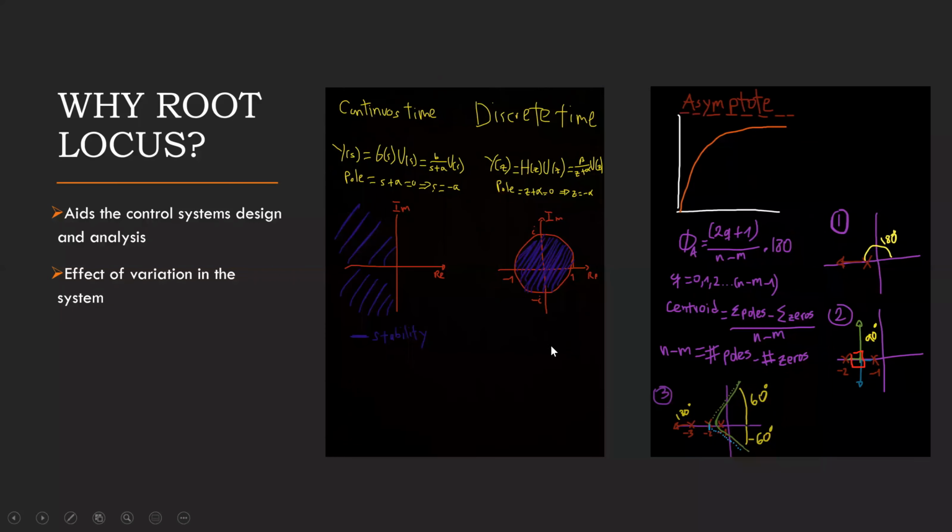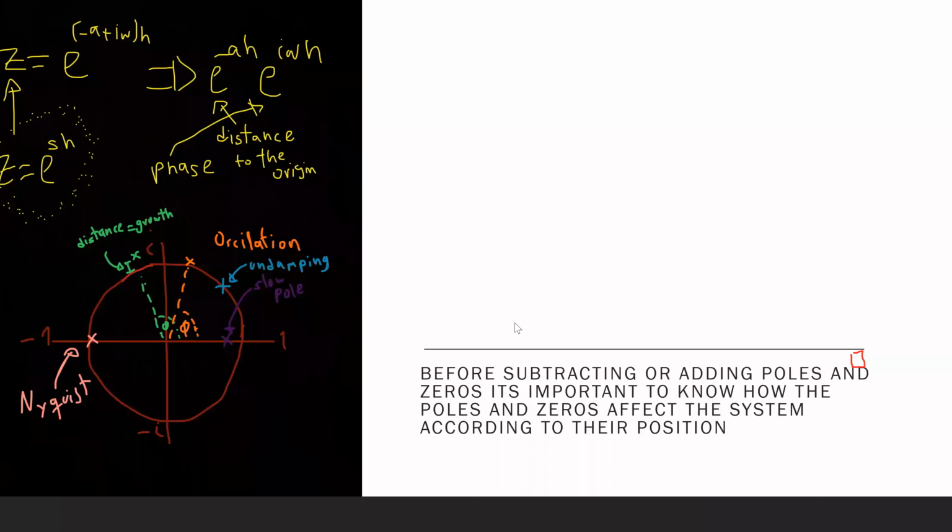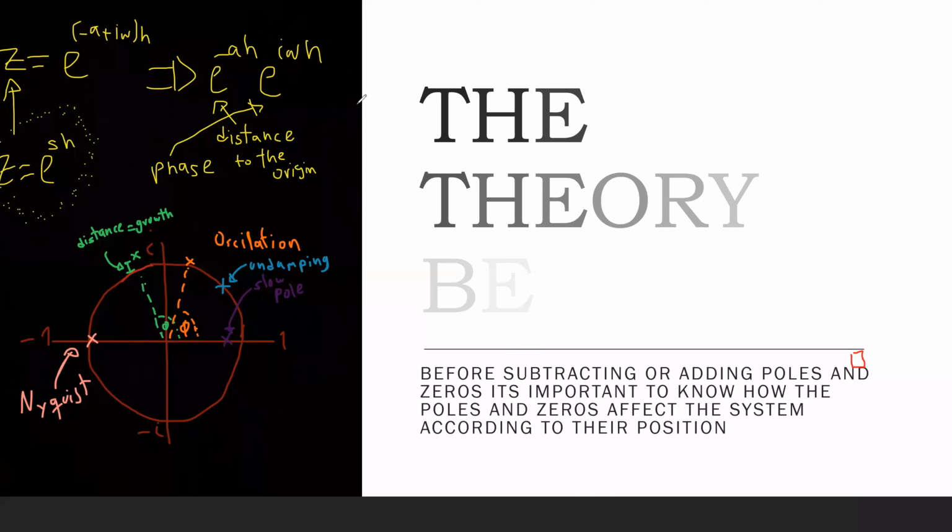So to continue, we have the theory behind this. Before subtracting or adding poles and zeros, it's important to know how the poles and zeros affect the system according to their position. This is very important. The relationship between the S and Z plane is expressed like this.